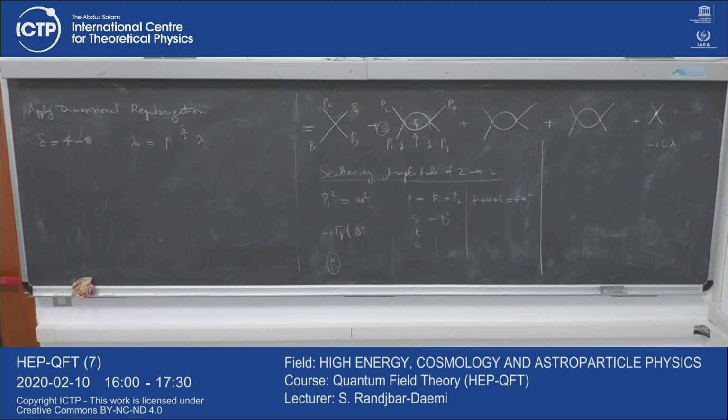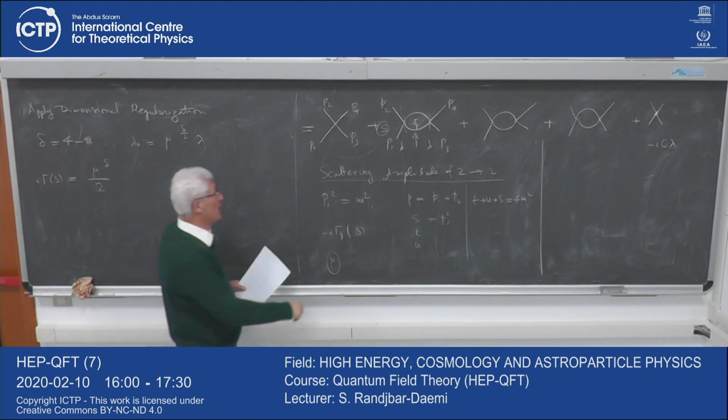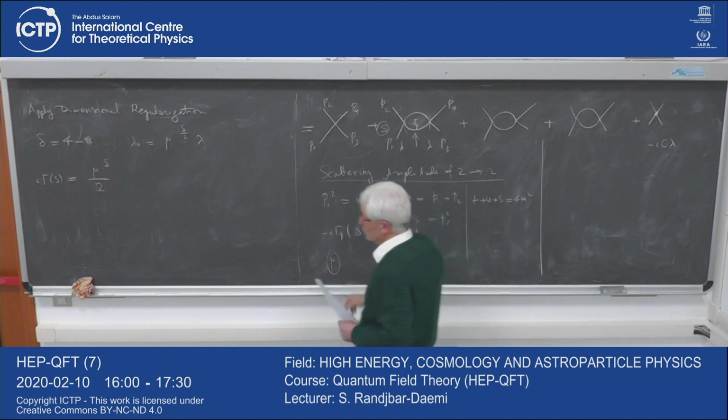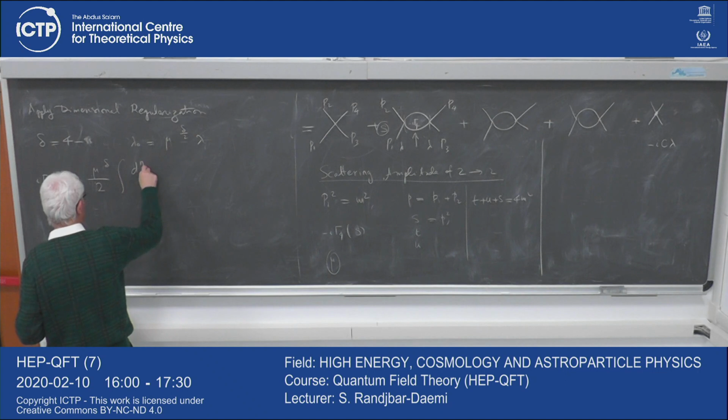The graph goes like lambda squared, therefore there is a power of mu to the power delta. There is 1/2 which comes from application of the Feynman rules. This is the combinatoric factor associated with the loop. Then there is a loop integral in n dimensions.